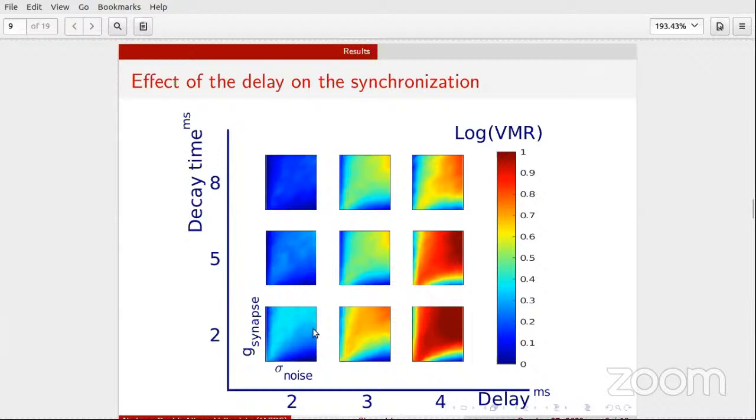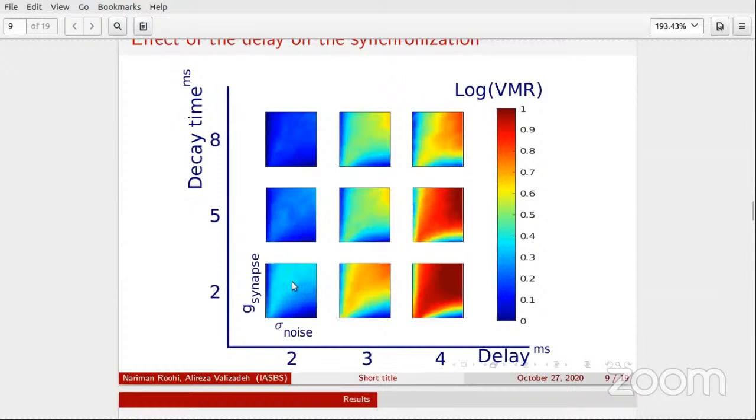And this simulation is done for various values of transmission delays from 2 to 8 milliseconds. Again, color represents the synchronicity of network activity, and as you can see, increasing the delay enhances the synchronicity of the network activity.